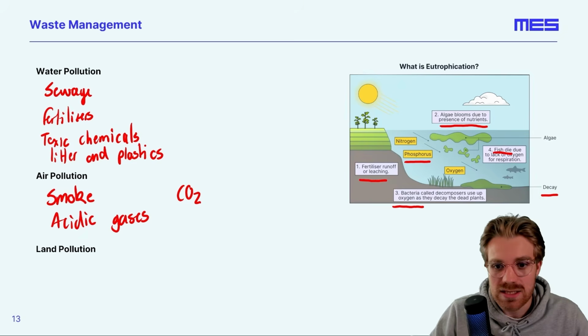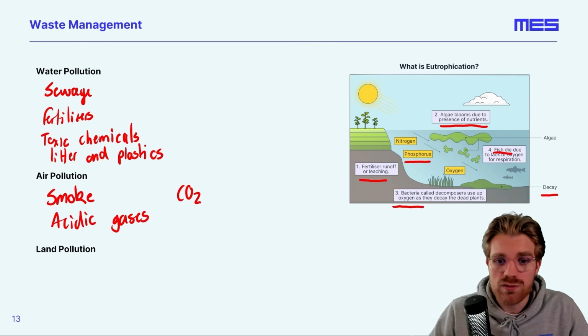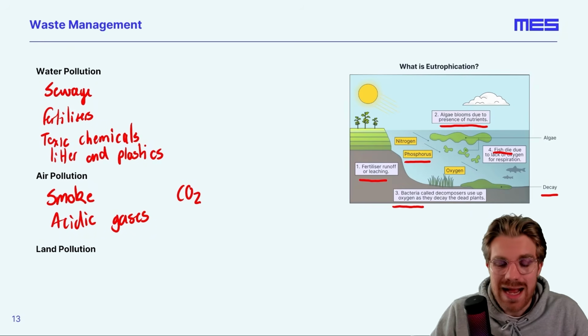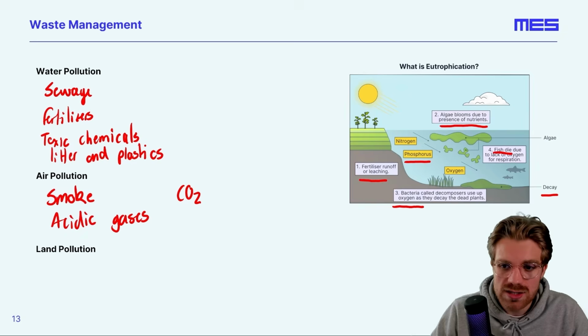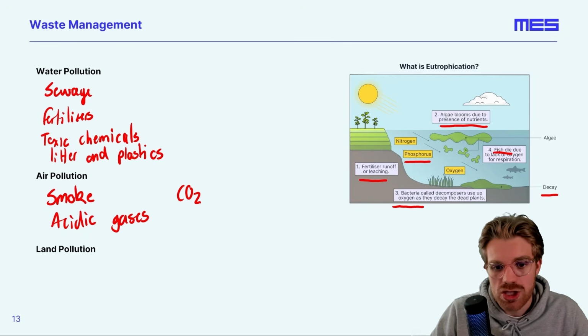The acidic gases such as sulfur dioxide or oxides of nitrogen from burning coal can mix with the rainwater to produce acid rain. Now, acid rain damages the leaves and it causes the acidification of lakes. It lowers the pH of the water, which can kill the fish.